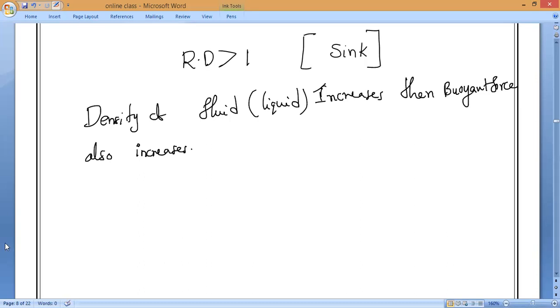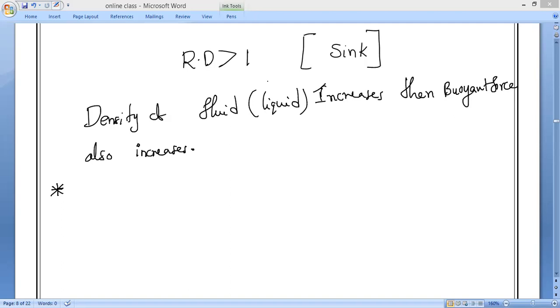Now observe very carefully. I will put one statement and try to prove it. Everyone, write this very important statement: if the density of the fluid increases, then the immersed portion of the body decreases.